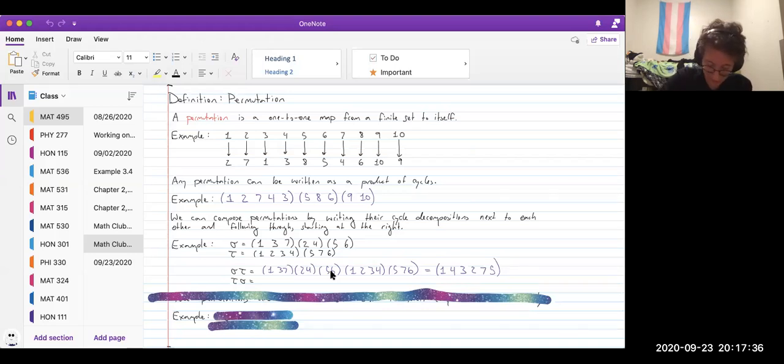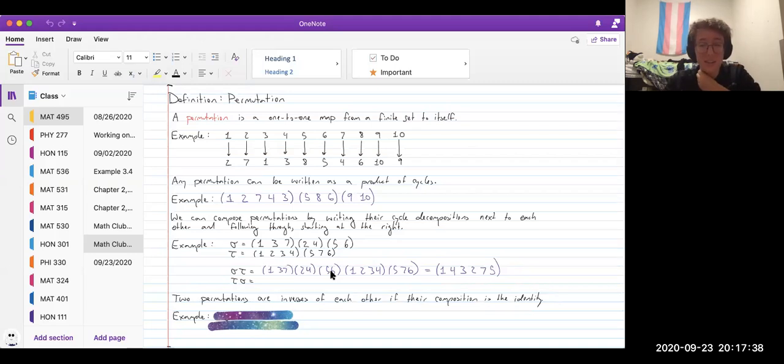All right, so another important idea is that every permutation has an inverse permutation, and that two permutations are inverses of each other if their composition is the identity. So we'll do sigma inverse as an example.